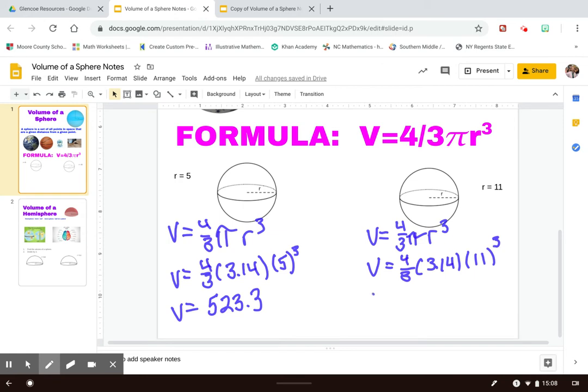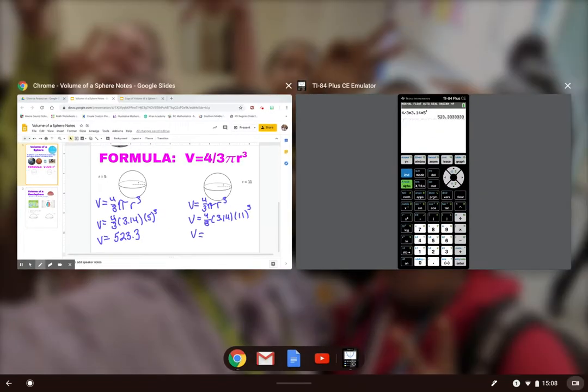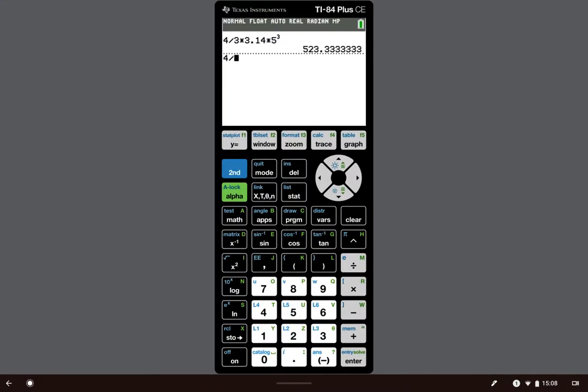When I go back to my calculator, 4 divided by 3 gives me the fraction, times 3.14, then times 11. Again, go right above your division symbol, there's the caret key. Press the caret key and then type the exponent 3.